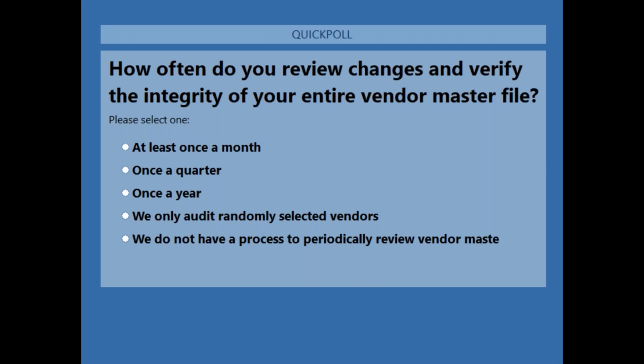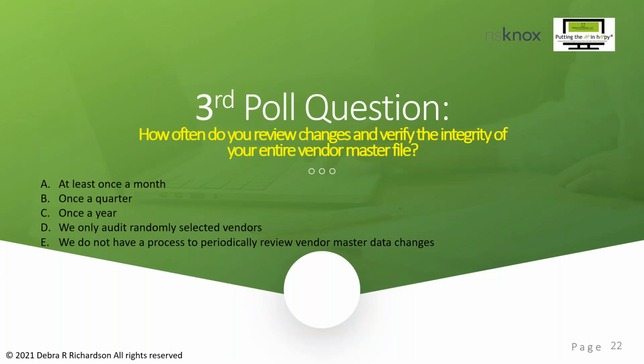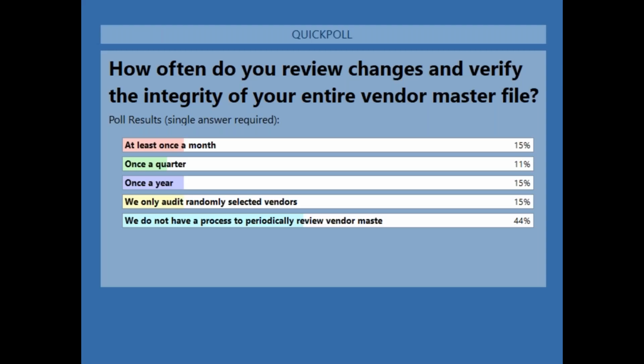So about 5 more seconds for everyone to vote. Looks like we've got well over half. All right, I'm going to go ahead and close that, and let me share the results.